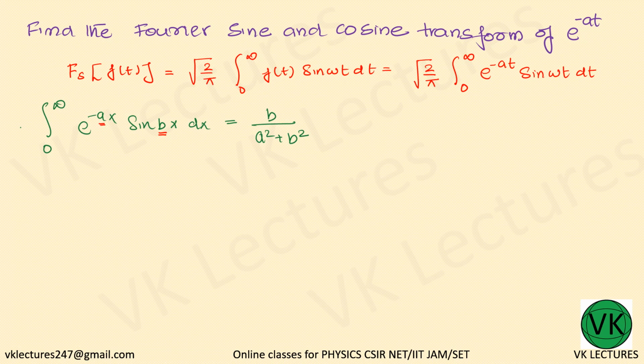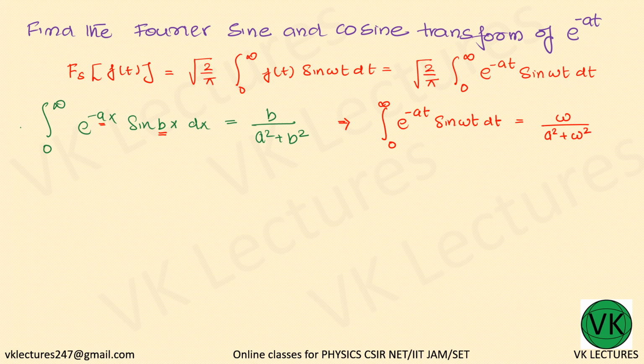So the integral of e to the power minus at sin omega t dt from 0 to infinity is equal to omega, the coefficient of t, divided by a square plus omega square.